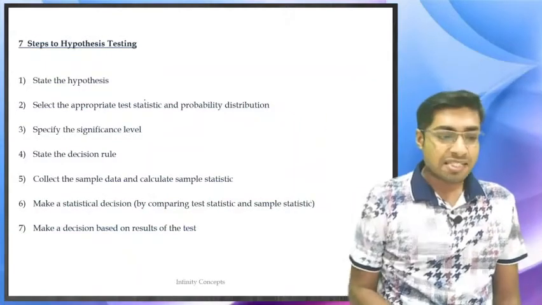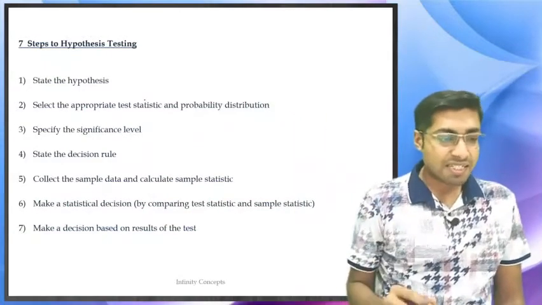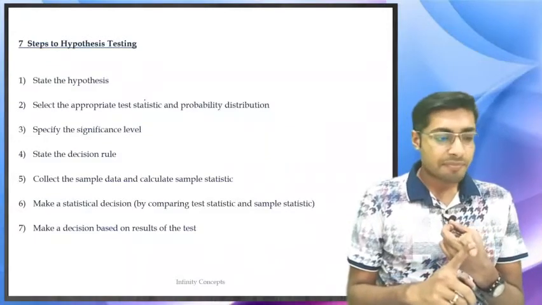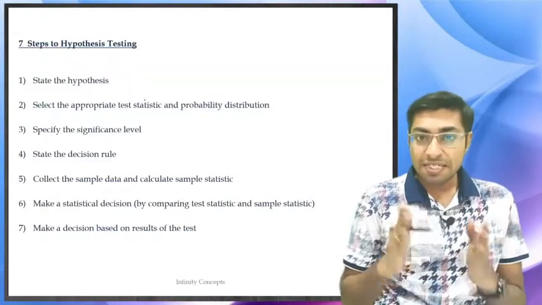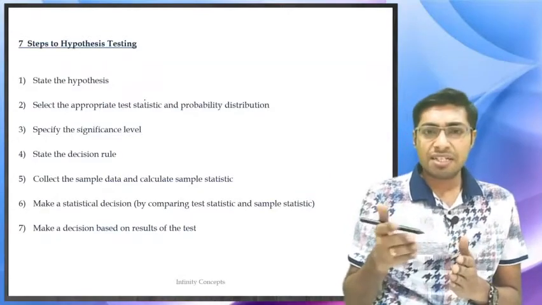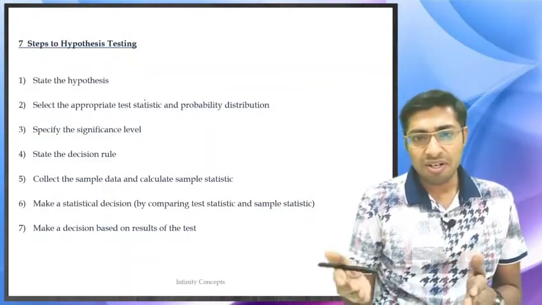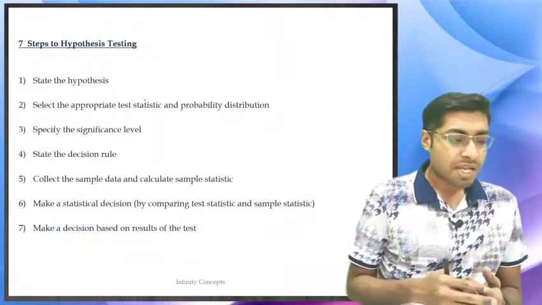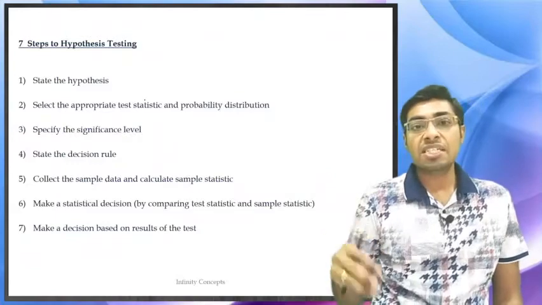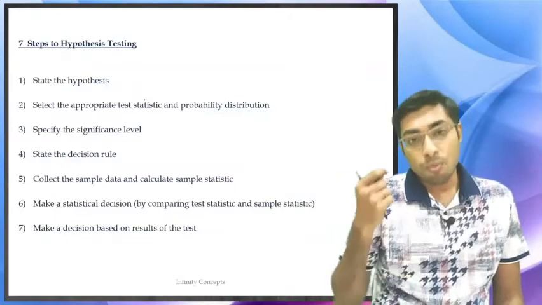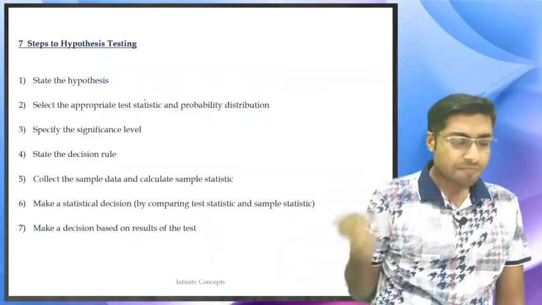These are the 7 steps of hypothesis testing. First, state the hypothesis. Second, select the appropriate test statistic and probability distribution, whether it is a normal distribution or not a normal distribution, whatever. Third, specify the significance level: 5%, 10%, 1%, whatever.